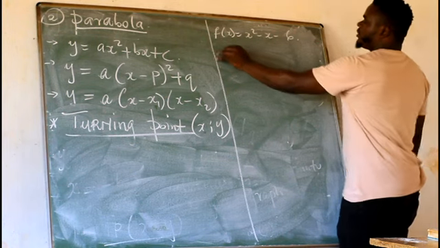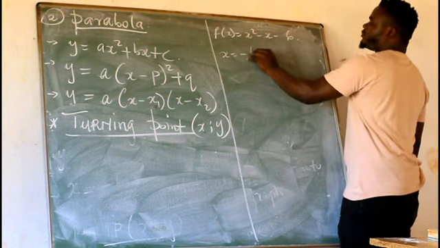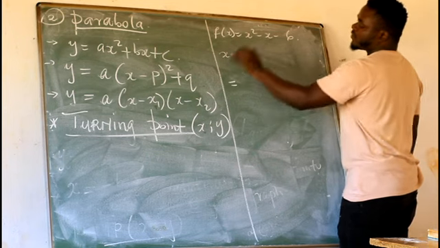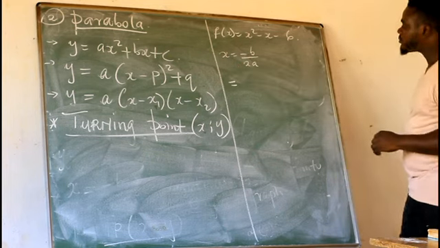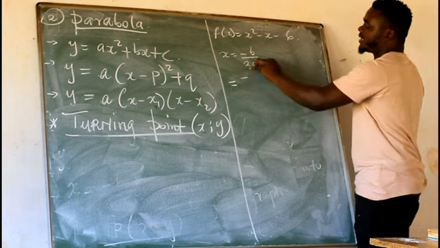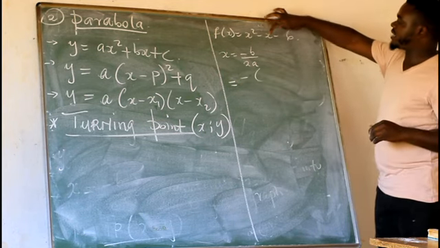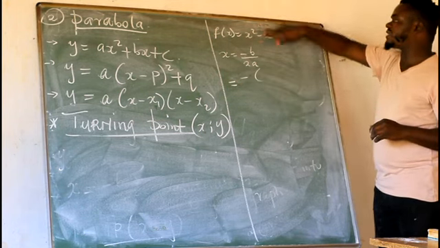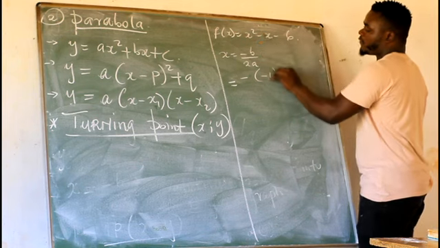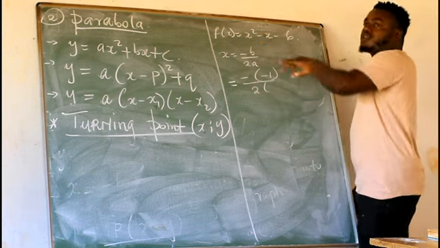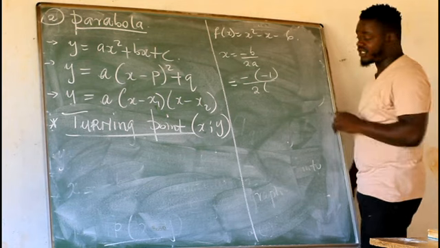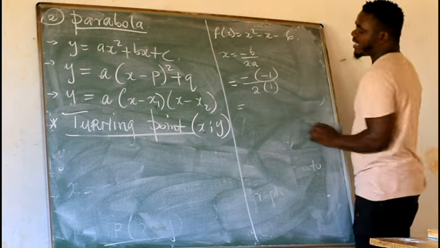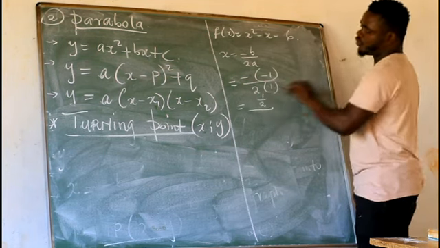Now, you have to say x = −b/2a, which equals negative, then you take the coefficient of x, which is b, negative 1, divided by 2a. Your a is the coefficient of x squared, which is 1. Then the answer is going to be 1/2.